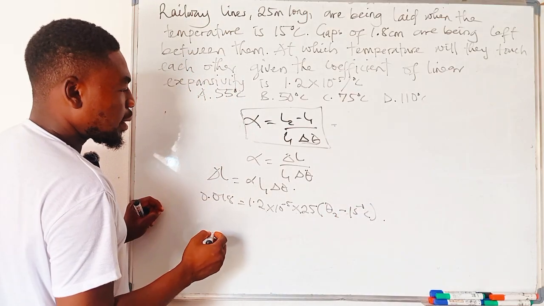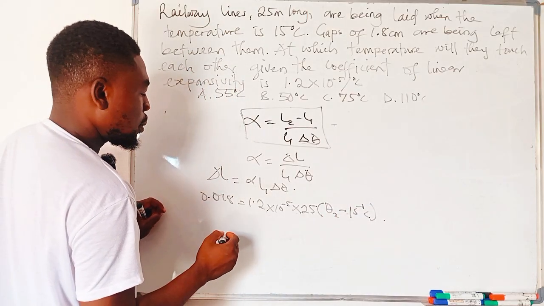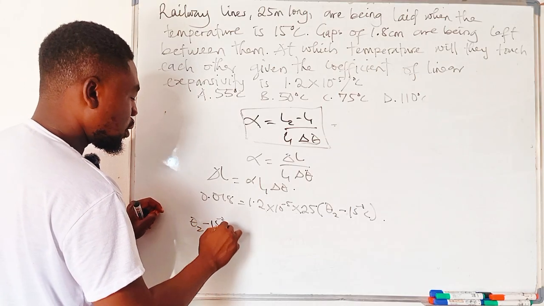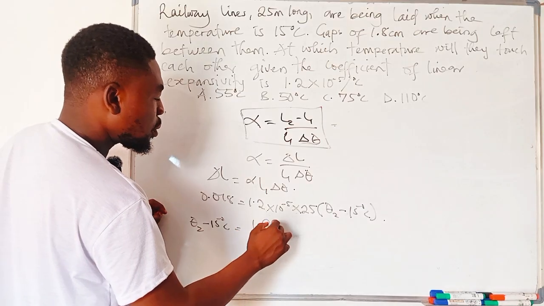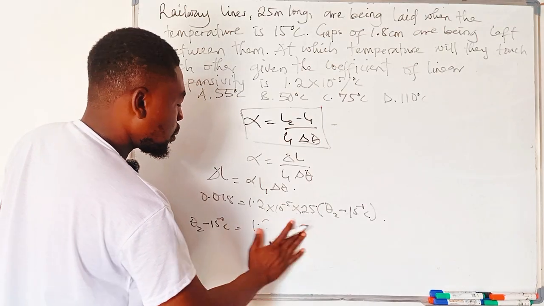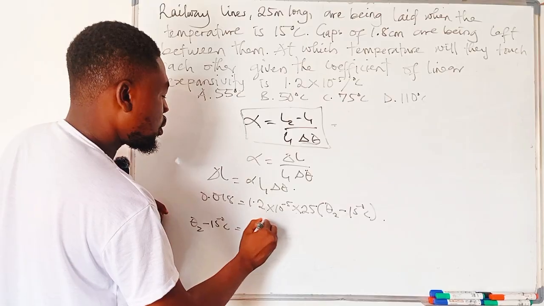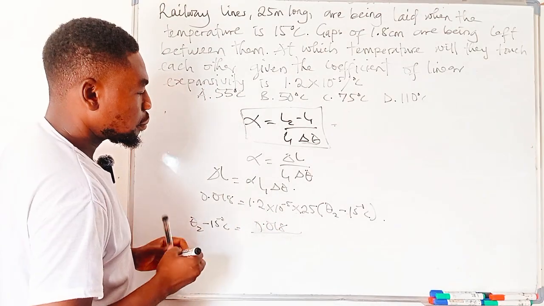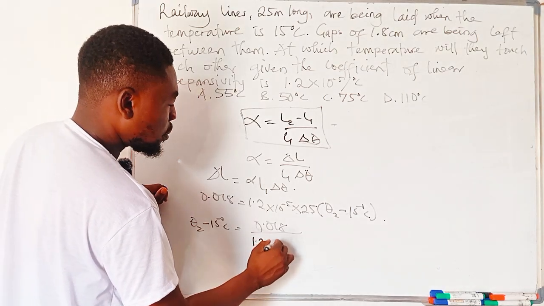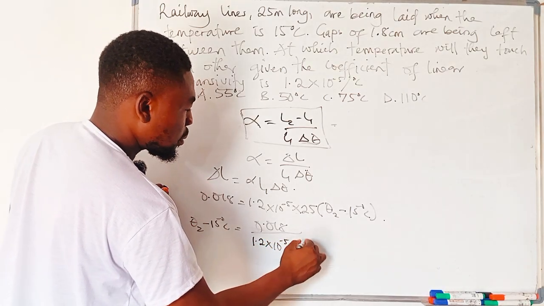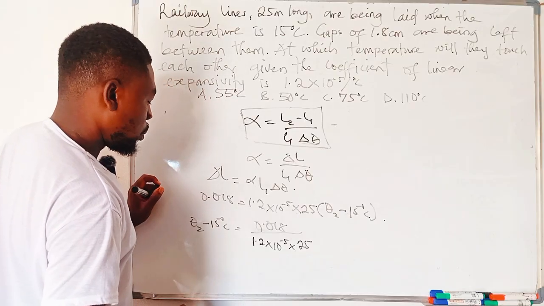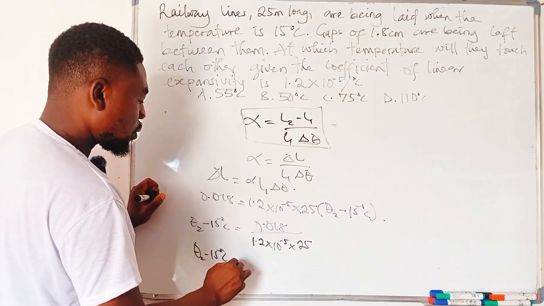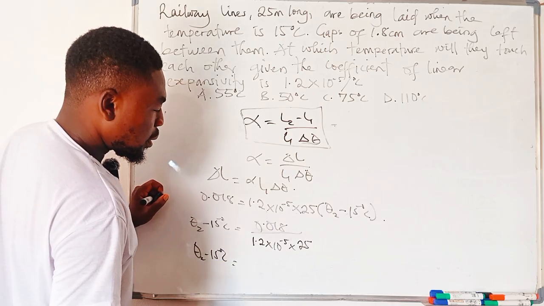So clearly from here, I can write this as theta 2 minus 15 degrees Celsius is equal to 0.018 divided by 1.2 times 10 raised to power minus 5 times 25.